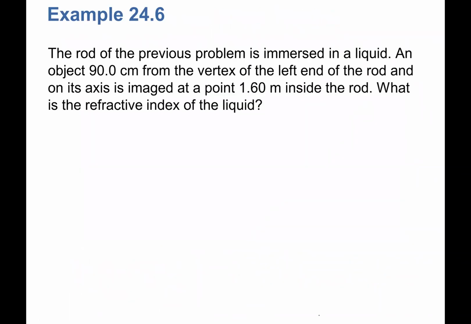All right, and one of the things that we can do here is solve problems where there is an object in one medium, and the image of that can be generated in another medium. Because the light is now refracting into the other medium, you can technically have a real or virtual image depending on the circumstances, right?